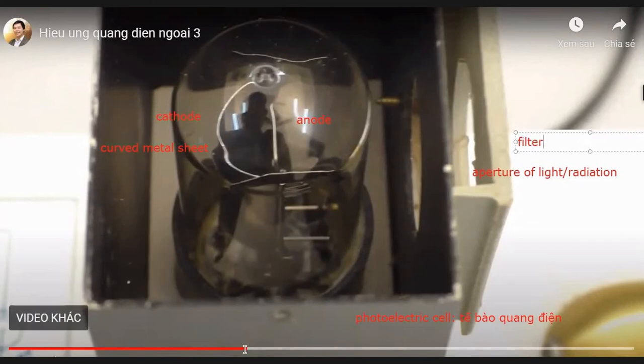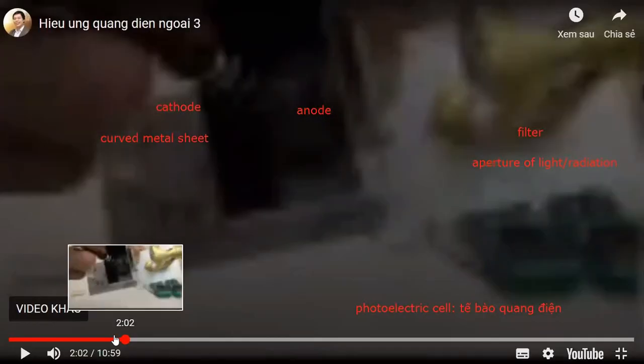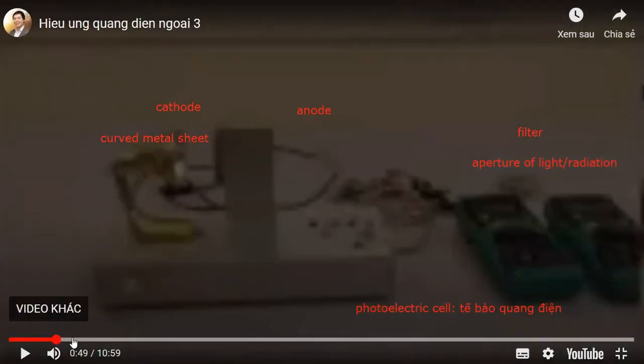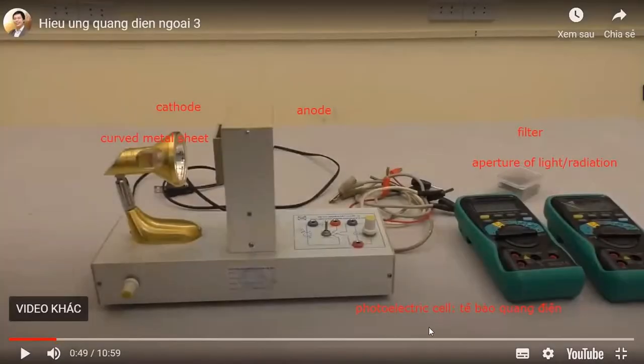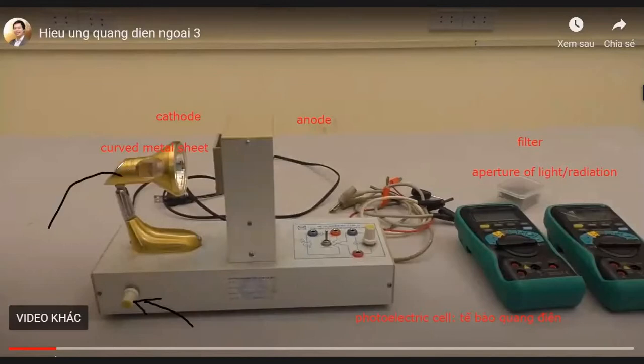So we will look at the experiment from the outside, the apparatus from the outside. There will be several other apparatus here. I want you to watch the video and give me the name of this apparatus, and tell me about the two buttons here.